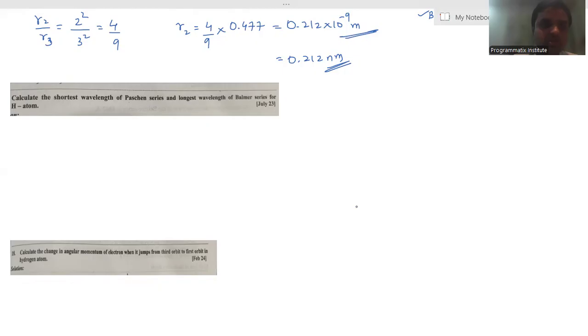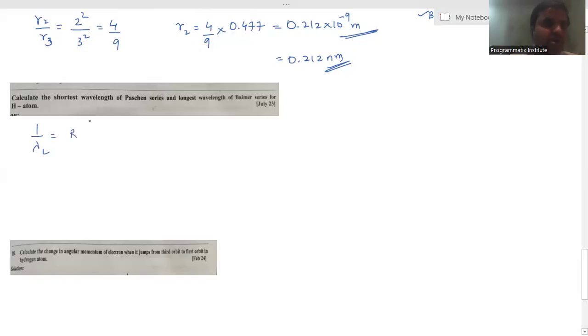Just remember these things. And I've also given a list of shortcuts, the techniques that you have to find, and how to approach them. So the first thing is the shortest wavelength for the Paschen series and the longest wavelength for the Balmer series. For the shortest wavelength, you have to show some working. Even if you remember the values, you have to show some working over here.